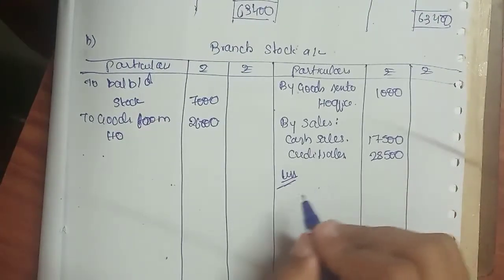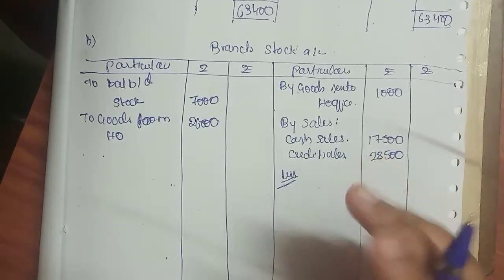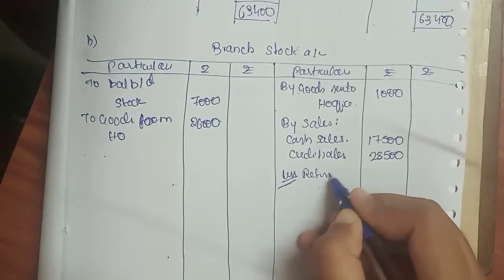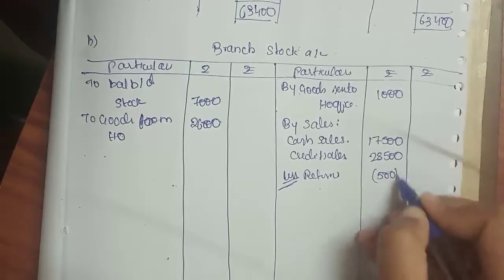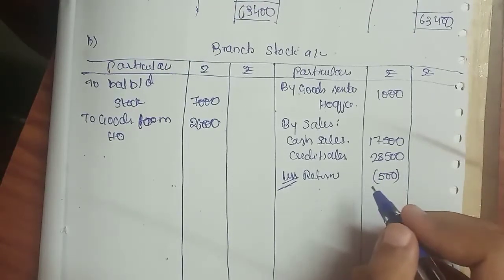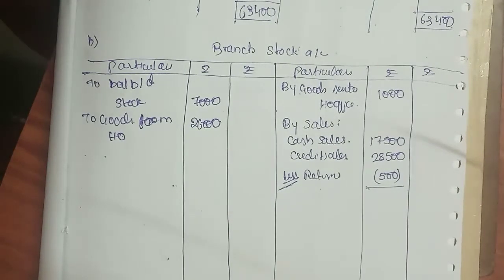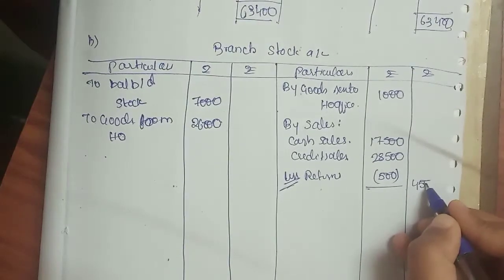And they have also told that customers returned some of the stock. This part we are not mentioning in the branch account in the debtors method, but we are mentioning here. So customers returned some of the goods of 500 rupees. Deduct here.